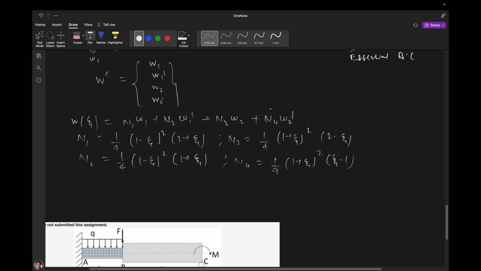So this is the shape function, we have to use it directly.